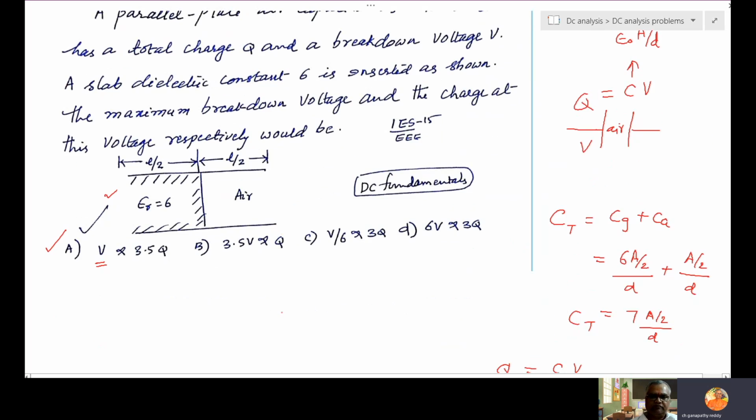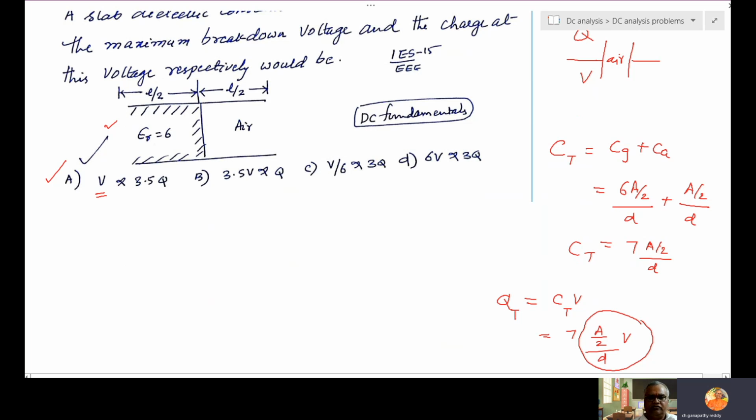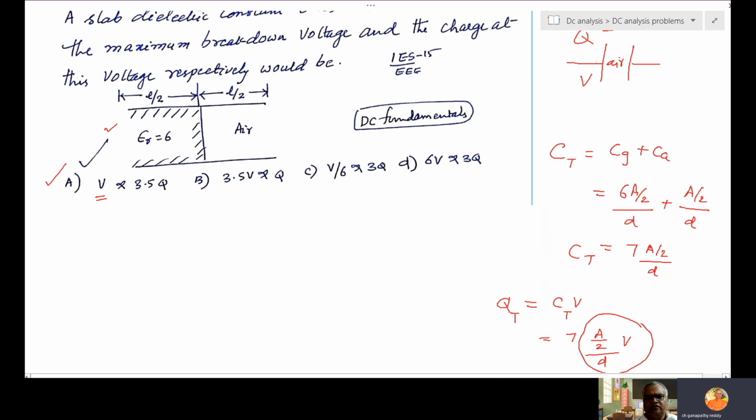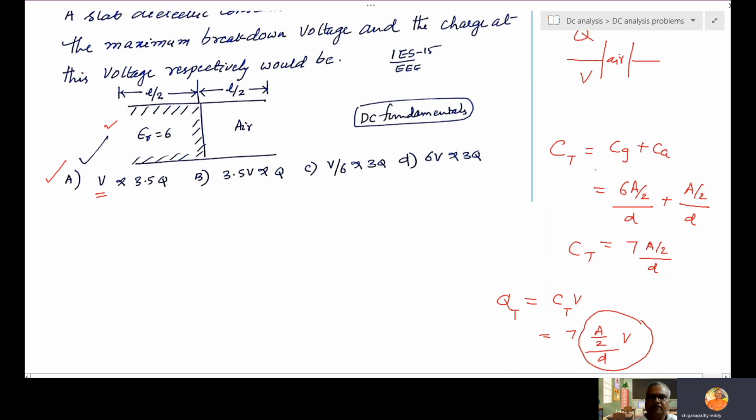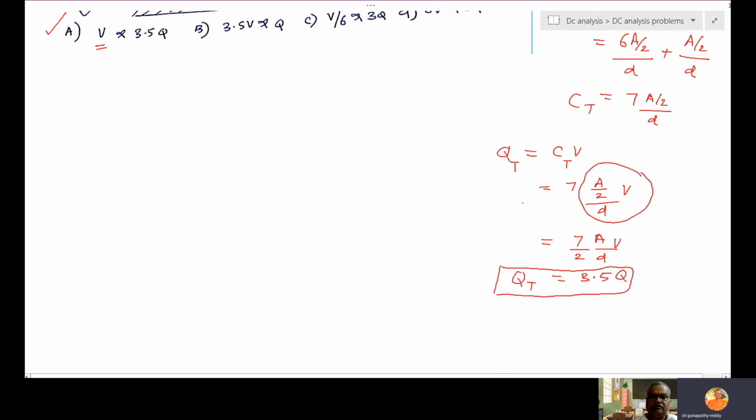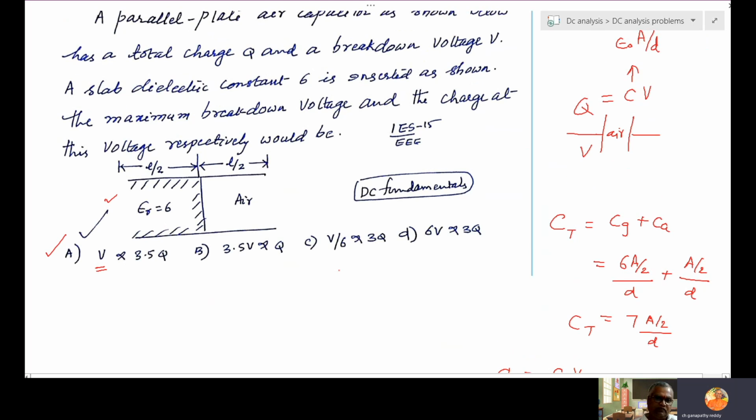So how I solved this one? They are in parallel. So total C equivalent is C_G plus C_A, and this C_G, a glass dielectric is inserted in a slab. There is some slab, not necessarily glass. So that is 6. So here 6, here 1, so 7 times, and A by D is the actual capacitor. So the capacitor is increased by 3.5, charge also increased by 3.5 because V is same.